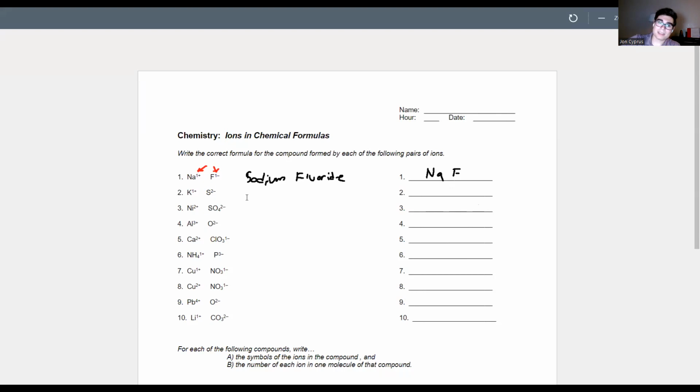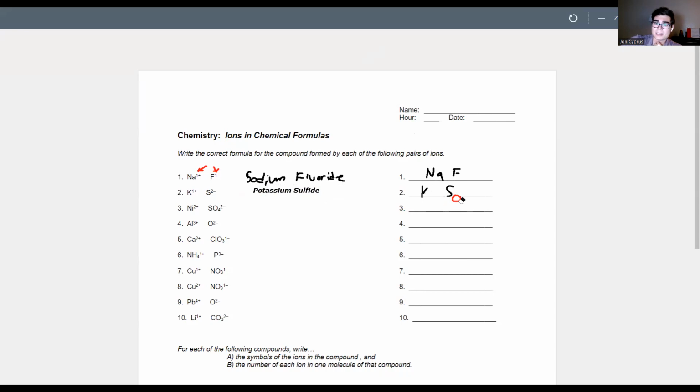Next, we have K and S. This is potassium sulfide. K for potassium, S for sulfide. Now, what do we do over here? Well, we need these charges to cancel out, right? Potassium is a +1 charge. Sulfur is a 2- charge.